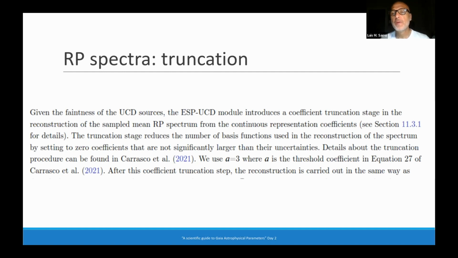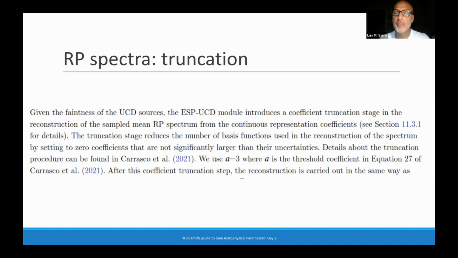We removed coefficients which were not significantly larger than their uncertainties. We did some kind of noise reduction by using a rule which could resemble the 3 sigma detection criterion, which is so often used in science. The whole procedure is explained in Carrasco et al. 2021.